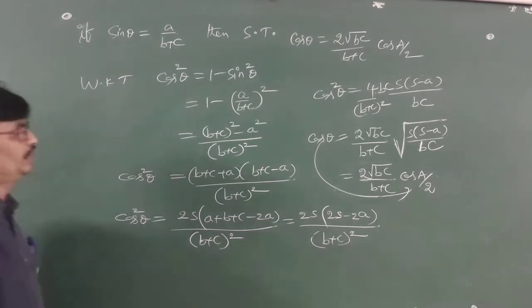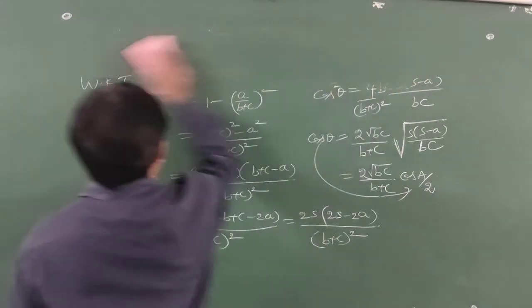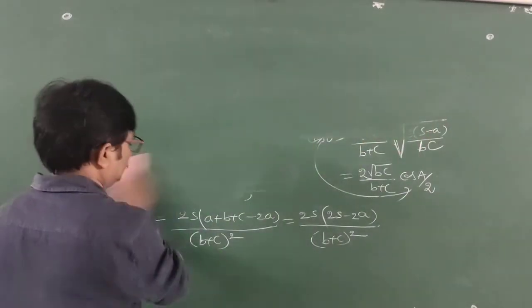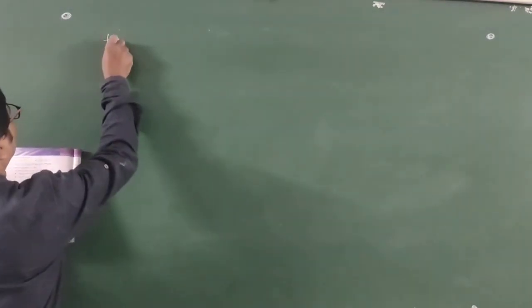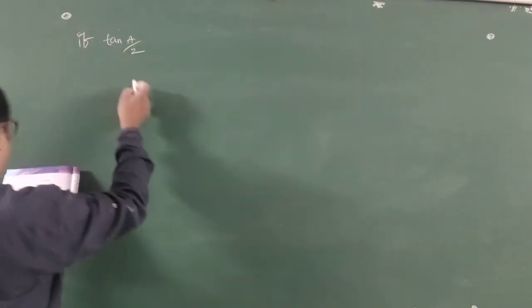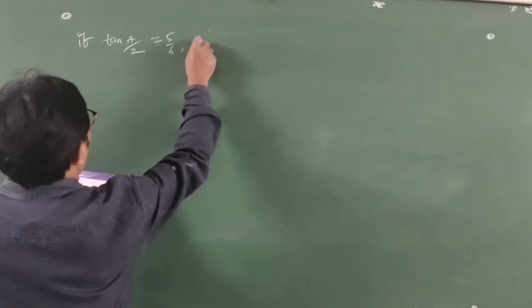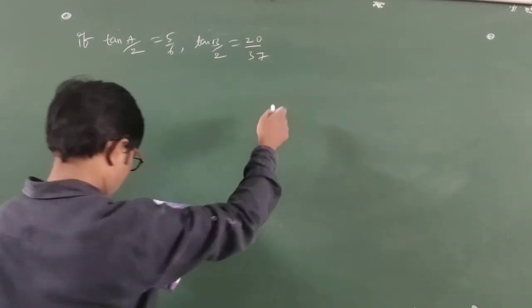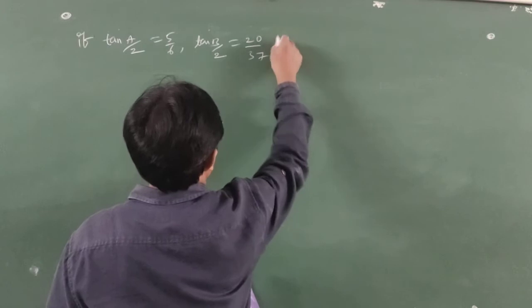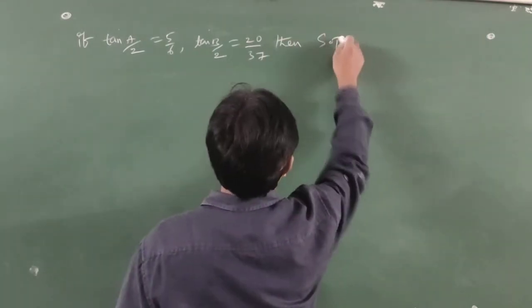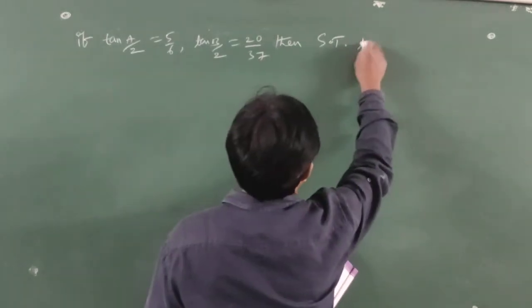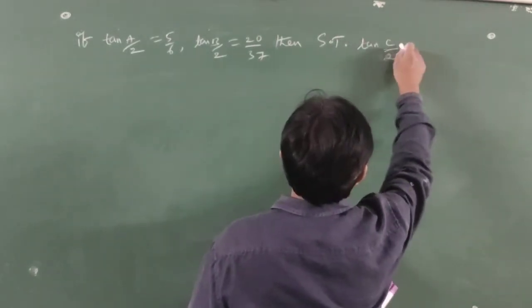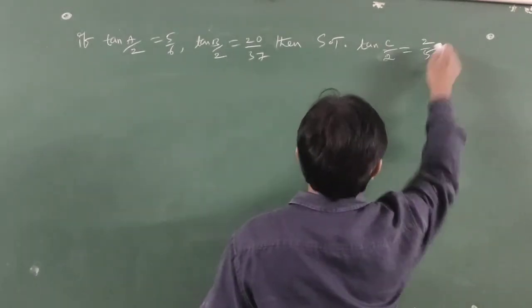Now the next one, students. Tan a by 2 is 5 by 6, tan b by 2 is 20 by 37, then tan of c by 2 equal to 2 by 5.